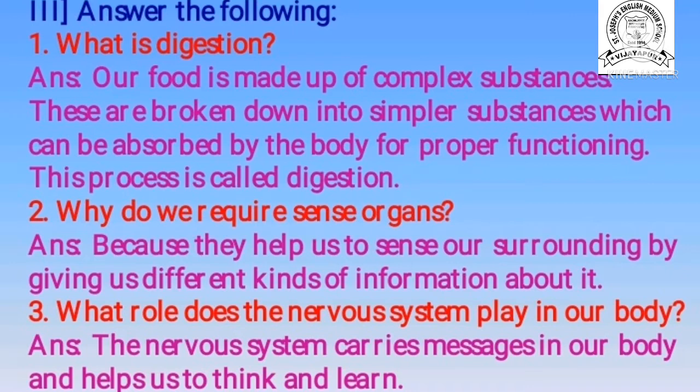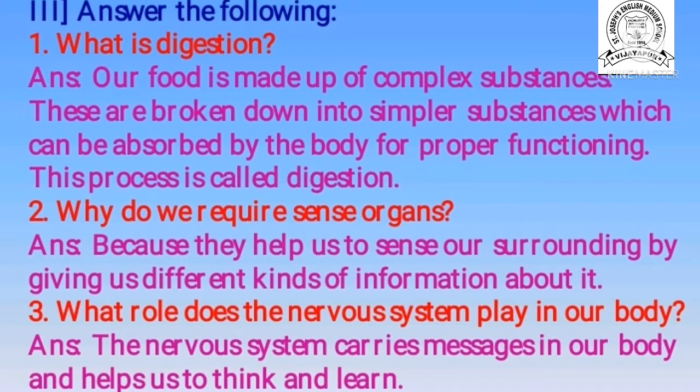Then that semi-liquid fluid enters our small intestine, where digestion is completed, meaning the complex form is converted into simple form, and that digested food is absorbed by our body for proper functioning, and the undigested food is expelled out through the anus. So got it? Digestion means what?